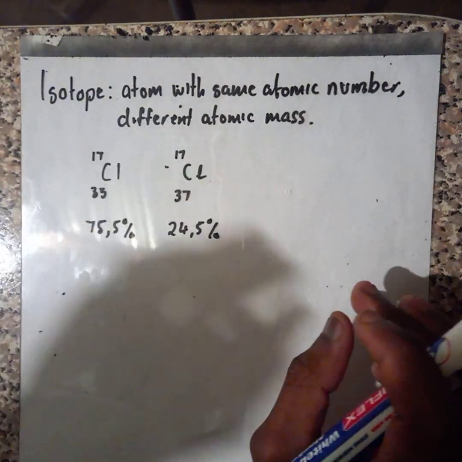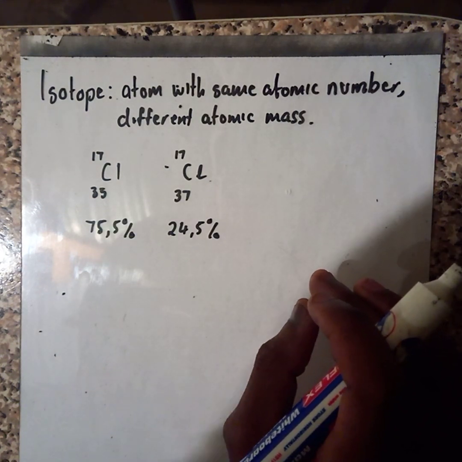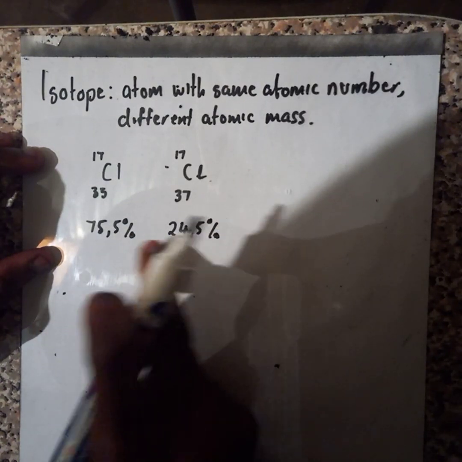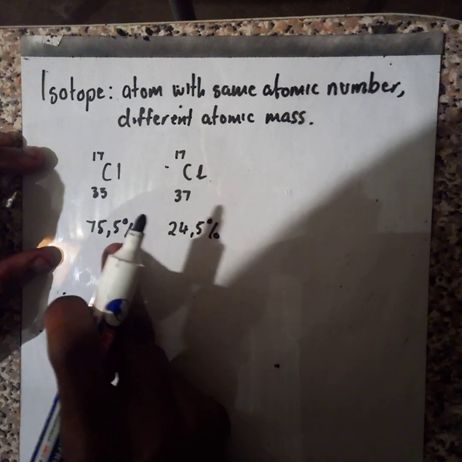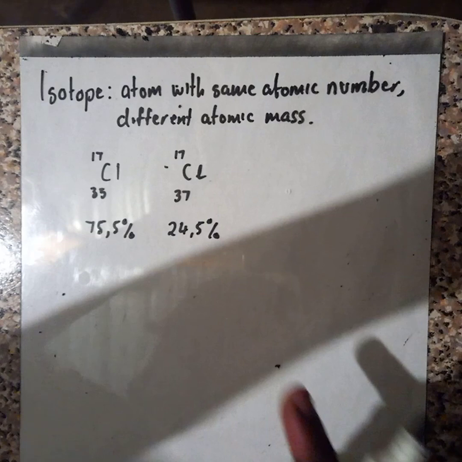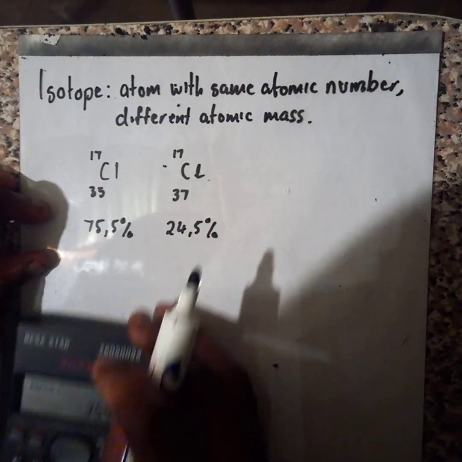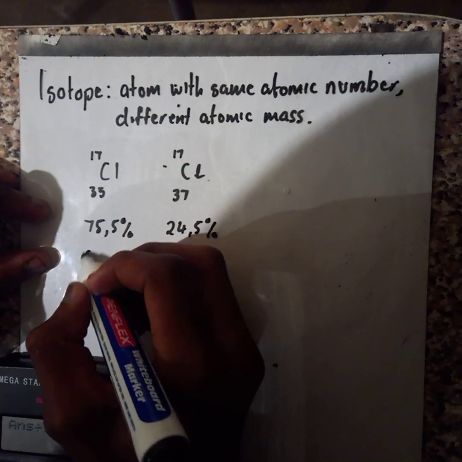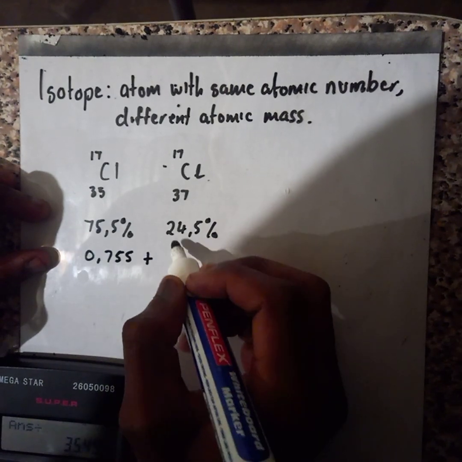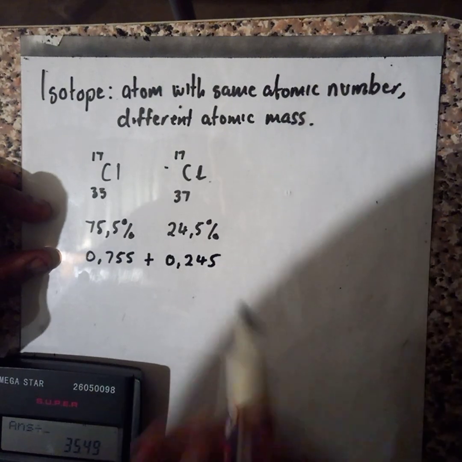Firstly, I want us to add these two numbers. Don't forget, this thing is a percentage. It is going to be like this: 75.5 plus 24.5.